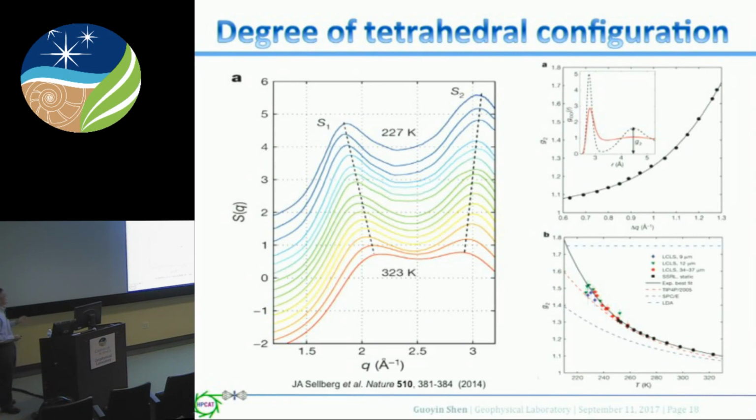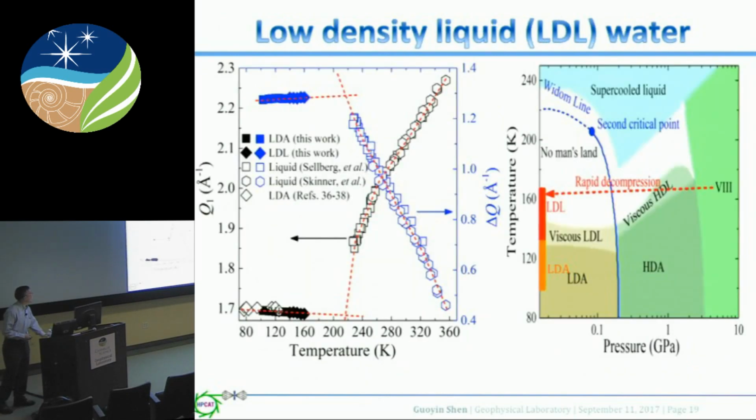In other words, the separation of these two peaks indicates the degree of tetrahedral configuration, because the oxygen-oxygen distance gives you an idea of the tetrahedral configuration of the liquid. So that's what they are based on. And then they plot the degree of tetrahedral configuration as a function of temperature. We put all this together with our data.